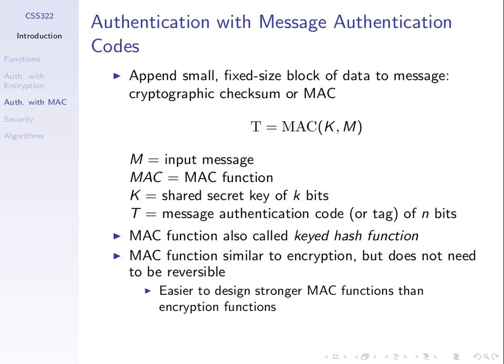So with encryption, we need to be able to decrypt the ciphertext with key K to get the message. That's required for encryption and decryption. That's not required for our MAC function. That generally makes it easier to design MAC functions that are secure.